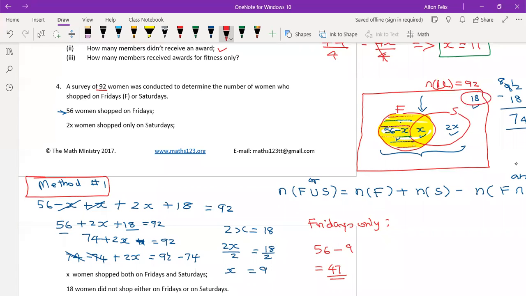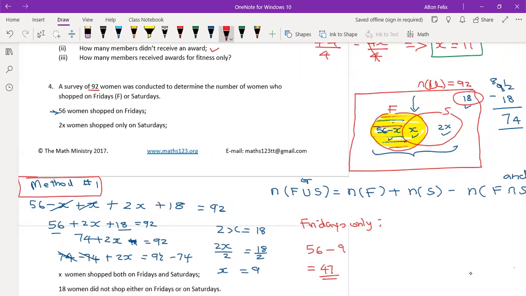So the focus will be only using the information relevant to this part of the Venn diagram. So let's apply the formula that we know, and let's work with that. So let's go back to that question and let's solve it, right?